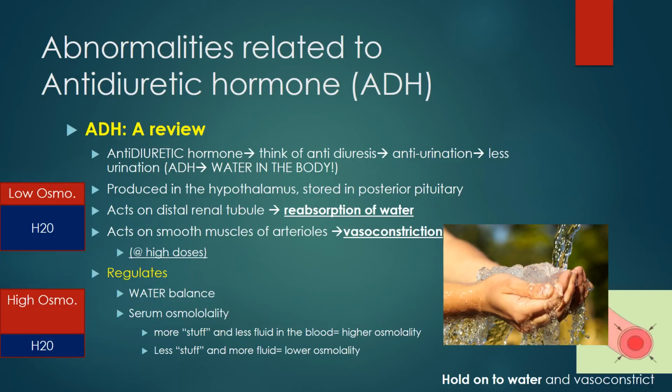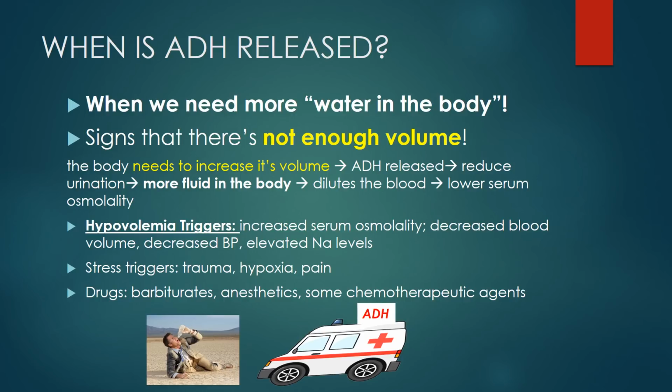Now, lots of water in the body means less water in the urine. So I'm going to be making more concentrated urine, meaning there's more stuff in the urine. So when we have lots of ADH, we will actually have high urine osmolality, and then vice versa with low ADH.